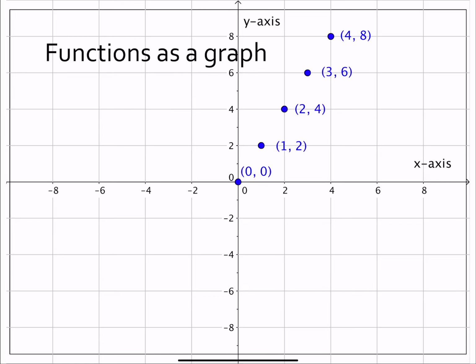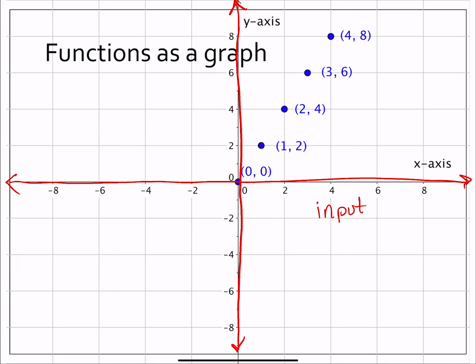So we have 2 axes, right? The x-axis, which is this line that goes across here. And we draw the arrows on the end because it can go on and on until infinity. And we have the y-axis, which is this line going up or down. On our x-axis, we write down the inputs.